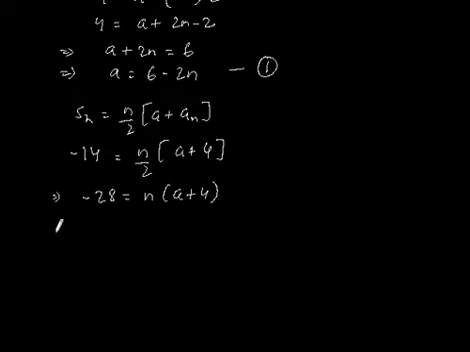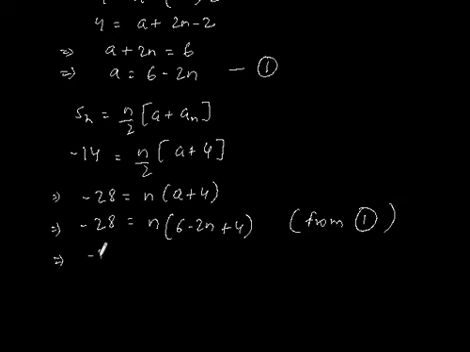Now let's put instead of a, using equation 1, 6 minus 2n. 6 minus 2n plus 4 from equation 1.